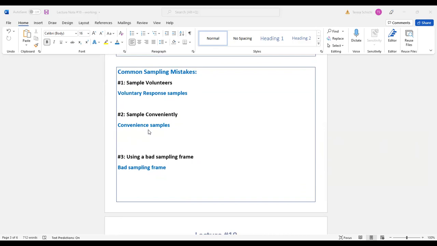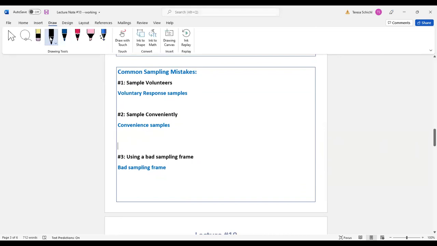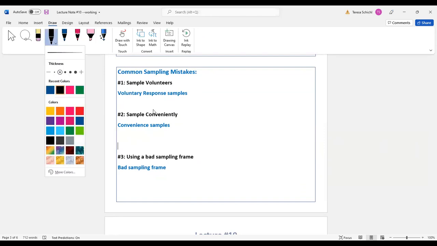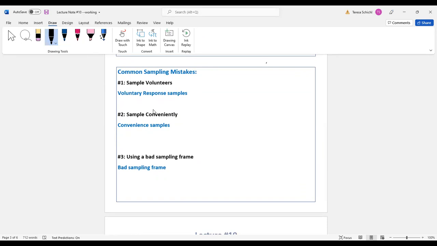The first one is when you sample by taking volunteers. This is kind of easy, because instead of you going out to search for people, people volunteer for your sample. The response we get from the volunteers we call a voluntary response sample. For voluntary response samples, we need to be very careful.